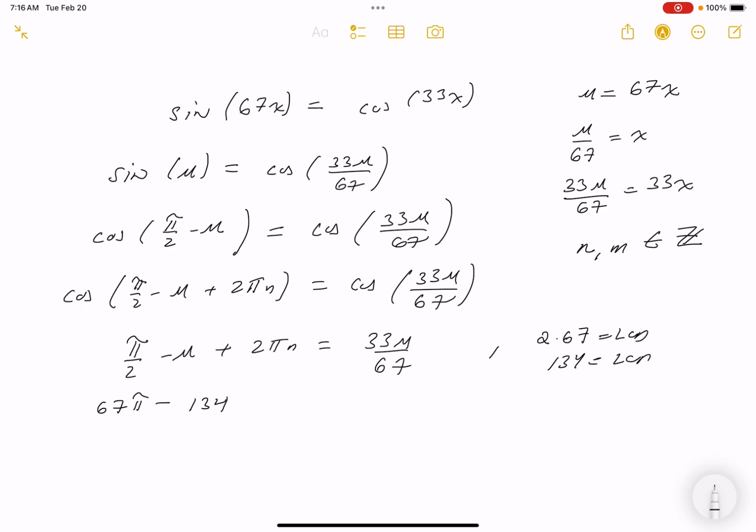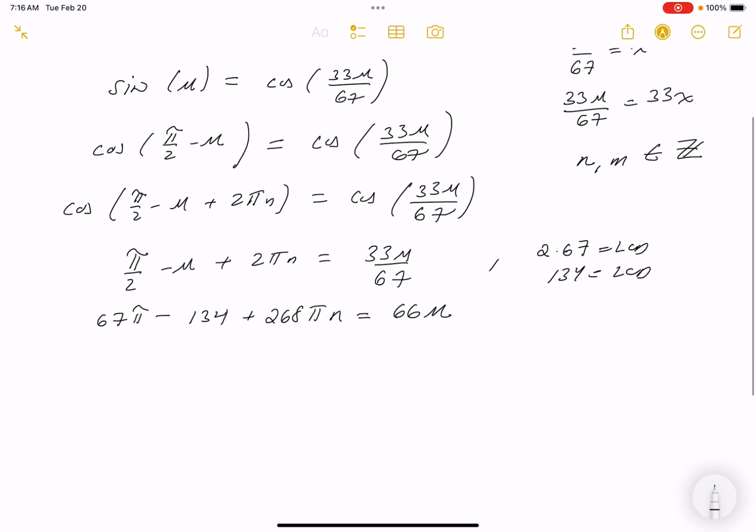Again, that's the LCD. Then what do you get over here? It's more difficult, isn't it? It's going to be 2 times 134, which is 268 pi n equals, that's going to be 66u. All right? 67 cancels.